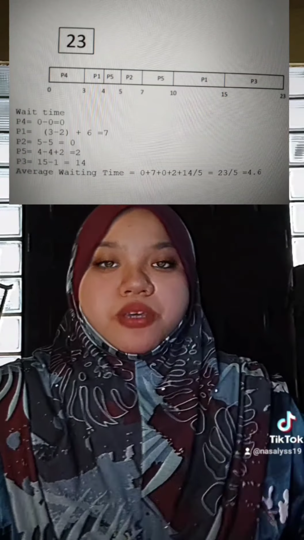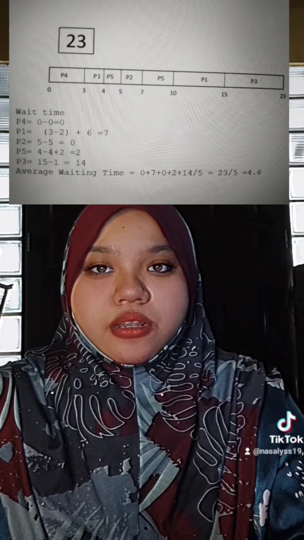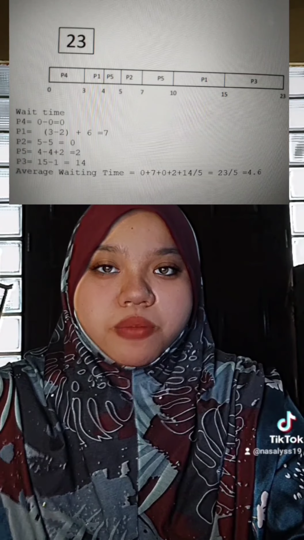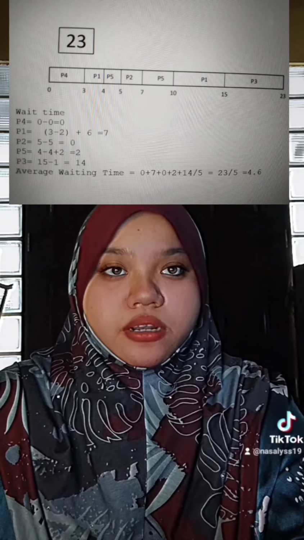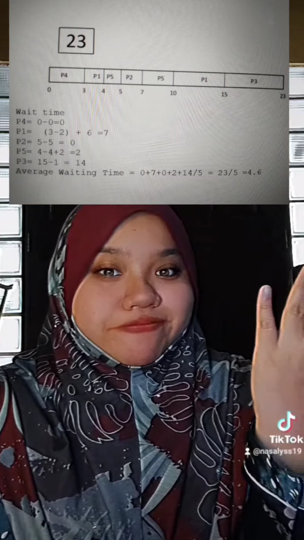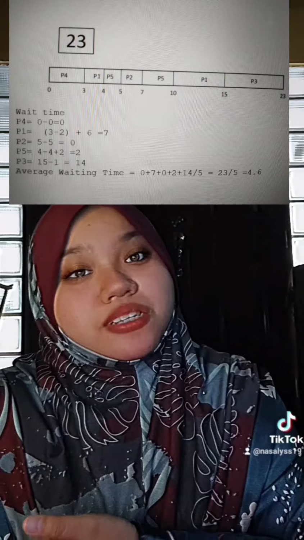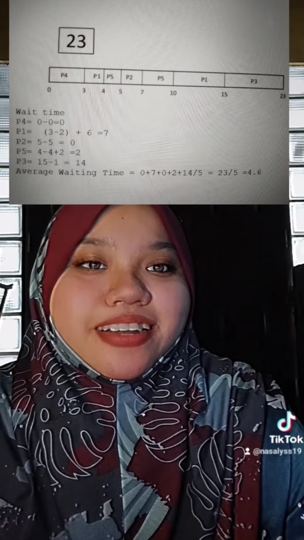Then for P2, it is 0 milliseconds, because 5 minus 5 is equal to 0, am I right? Then P3 is 15 minus 1, which equals 14. And let's say P4 is 0, because it started where it arrived.